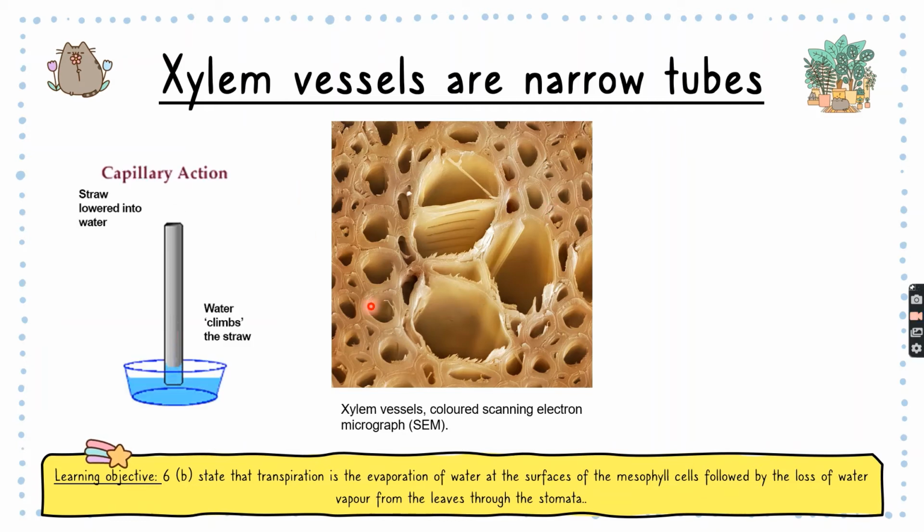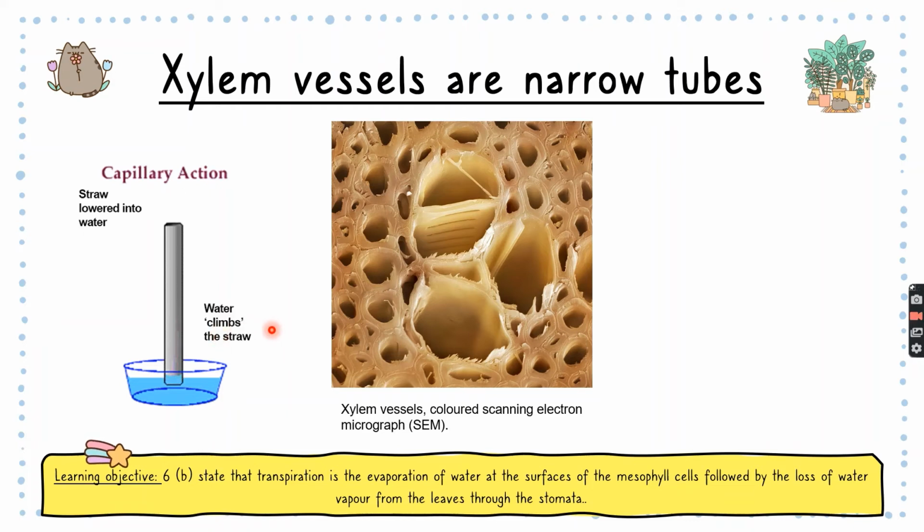If you have a straw at home, you can actually test out capillary action. Just get any drink, water, and a transparent straw so that you can see it in action, and just dip that straw into your drink, and you can see that the water will climb up the straw.